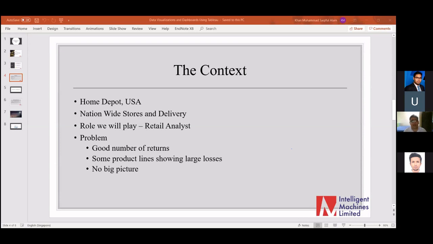So this is like East regional orders. Then row ID, then segment, which basically says whether it's consumer or home office. Then we have shipping date, shipping mode, state.